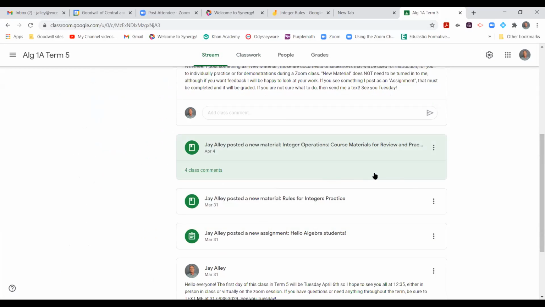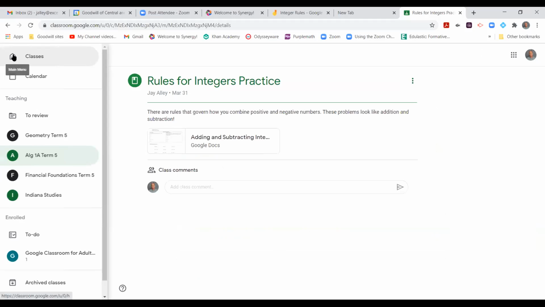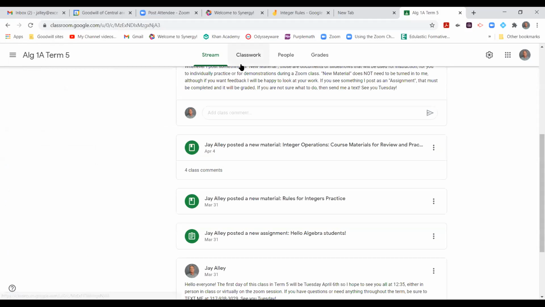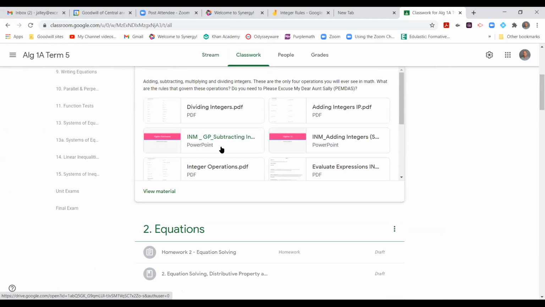Some of them are like note sheets that if you're not sure what's important, what to write down, that's what they're there for. Down here, posted a new assignment. That's going to go into the grading. Anything that says assignment will be graded. Everything that says materials is just for practice. Okay, so let me go back to the materials I want to look at next.